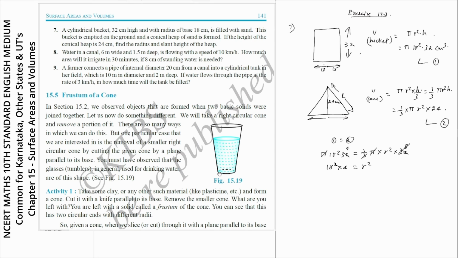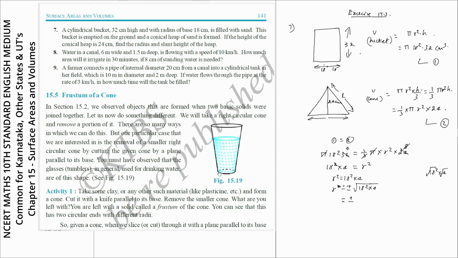What is the square root? R square is equal to 18 square into 4, or r is equal to plus or minus square root of 18 square into 4. So this is square root of 18 into square root of 4.